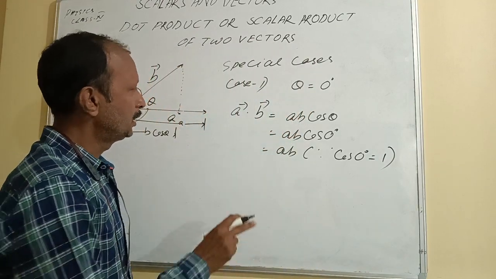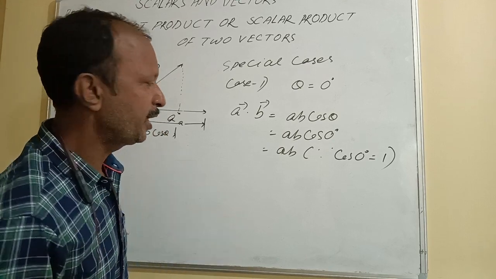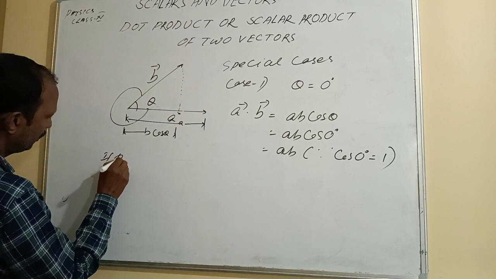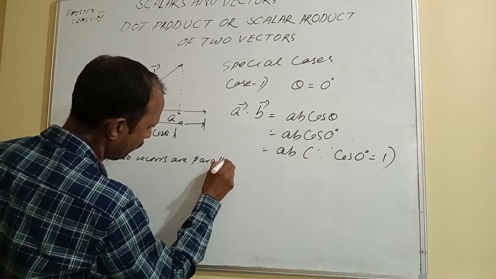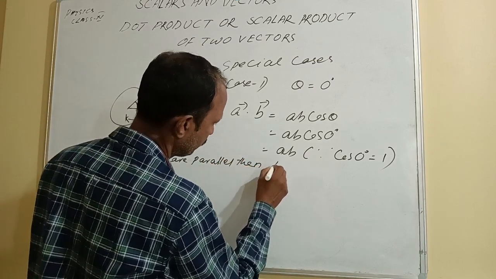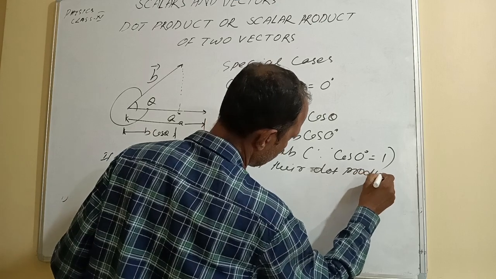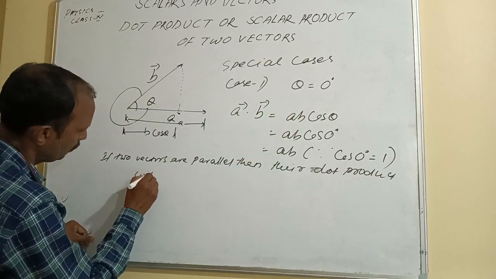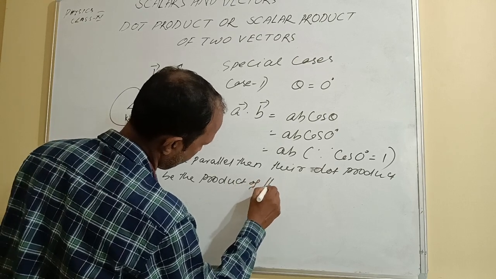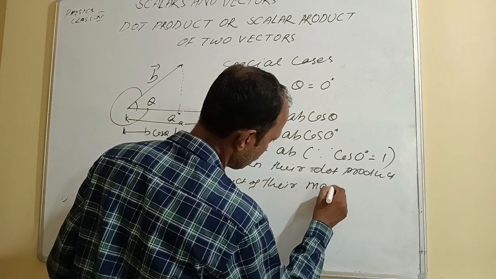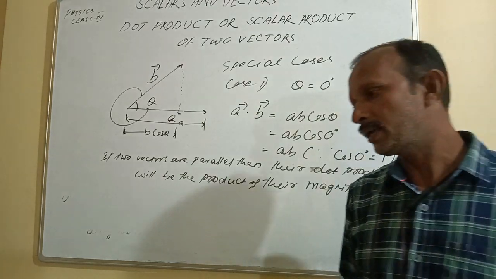So I can say that if two vectors are parallel, then their dot product will be the product of their magnitudes. This is the case 1.